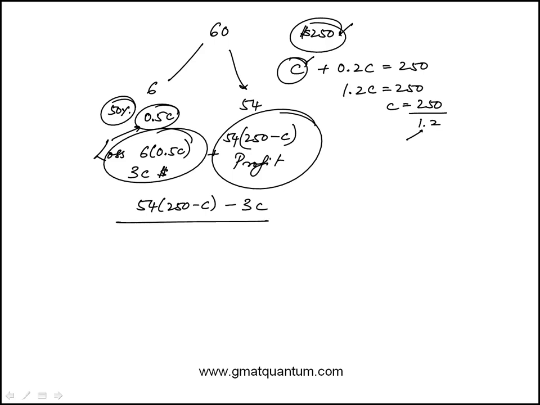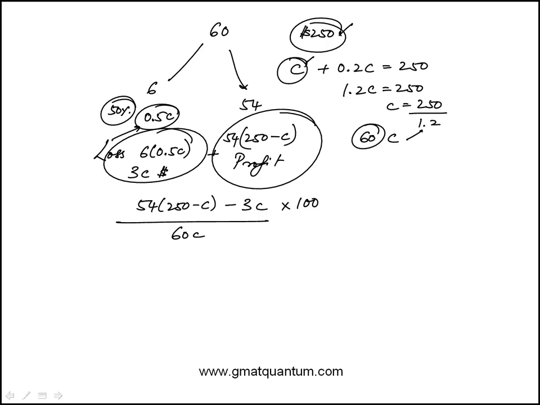And we want to note this as a percent of his initial cost for 60 cameras, which is 60, the number of cameras, times C, which is the cost. So we just need to find this expression as a percentage. And I want to do the least amount of computation work.